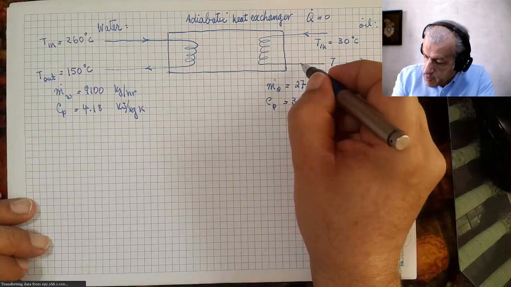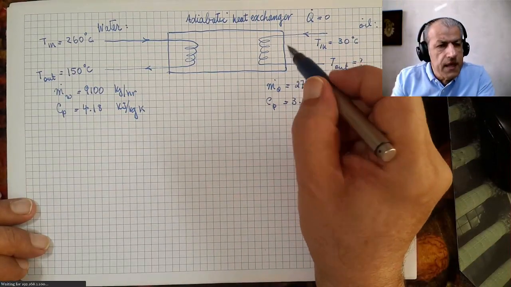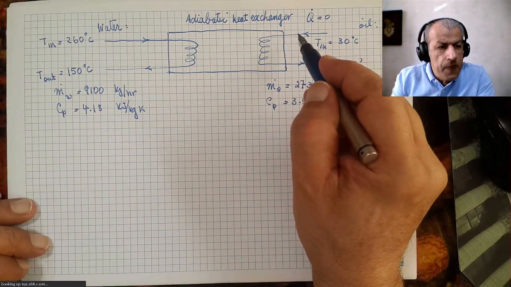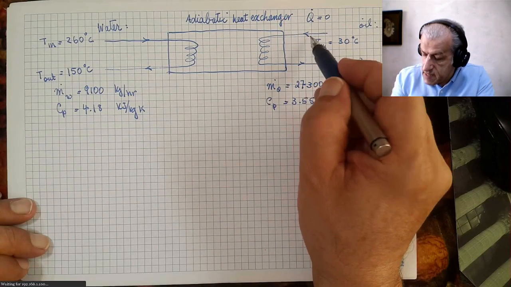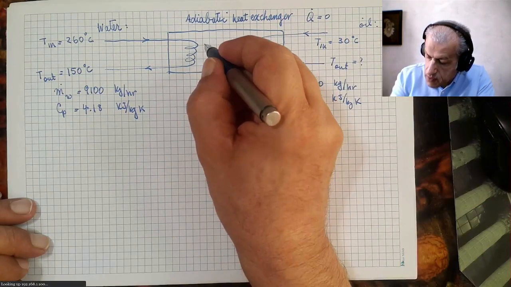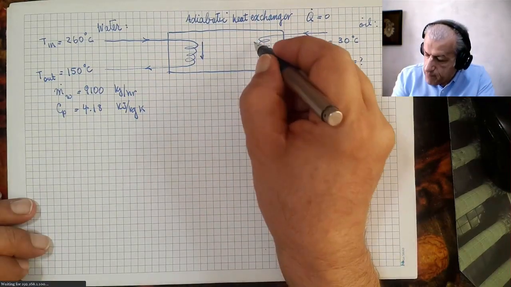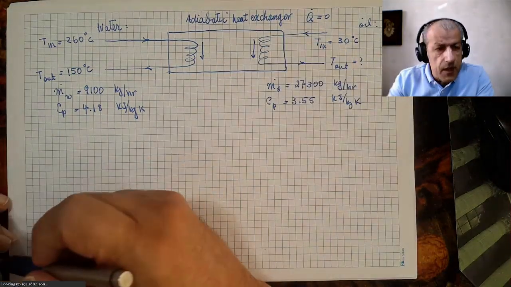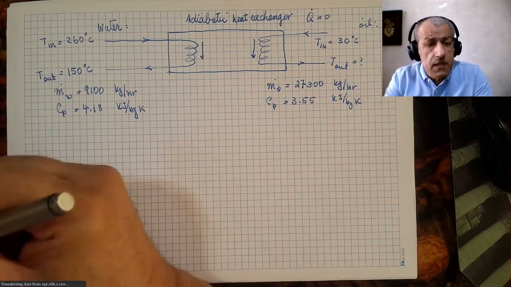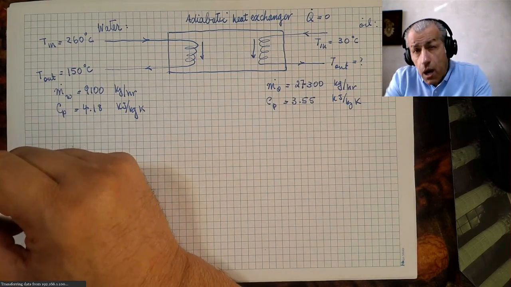Now, please note that I drew both inlets from the top. The flow here goes from top to bottom, and the flow here also goes from top to bottom, which means these two streams are parallel flow.